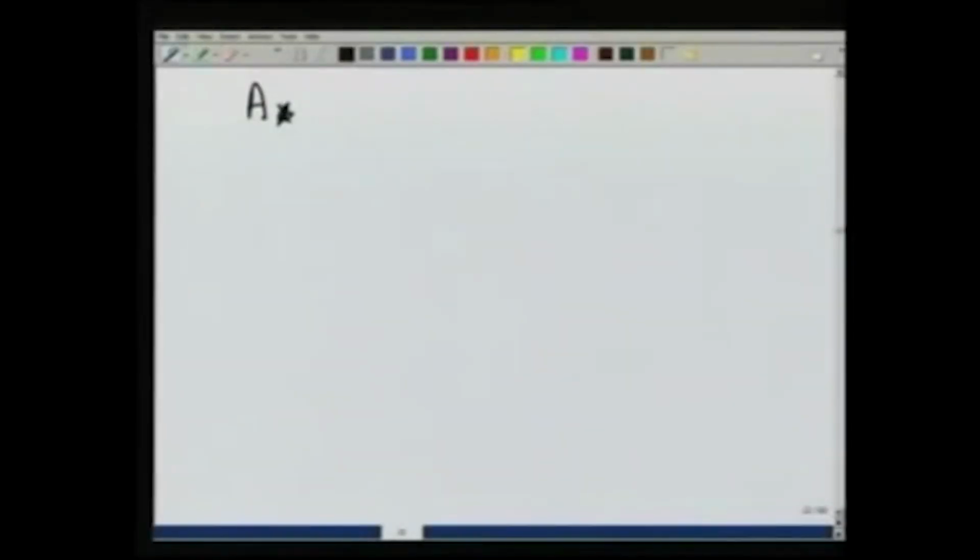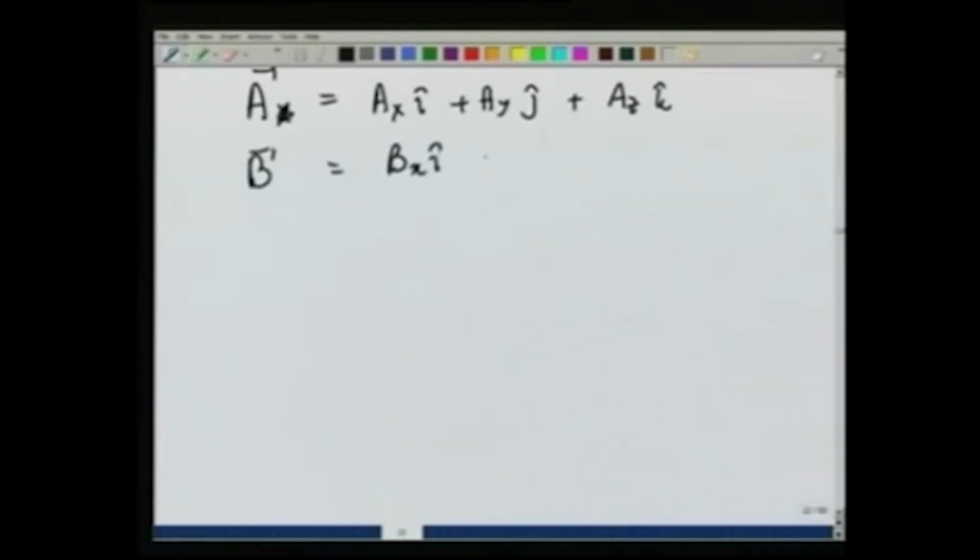Okay. Having written the vectors a as a x i plus a y j plus a z k and b as b x i plus b y j plus b z k, we are now ready to write their products.